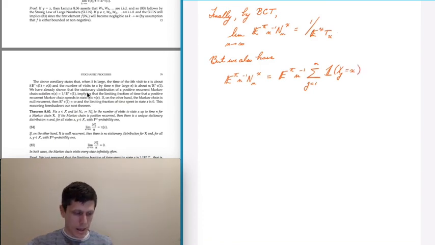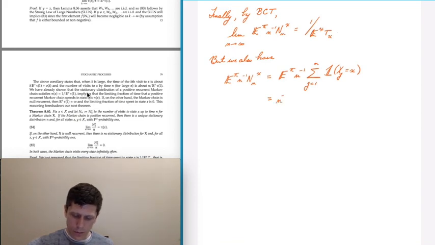Okay. And now we can bring the expectation into the sum, because this is a sum of indicators, and actually in this case it's a sum of finitely many indicators, so there's no issue there.